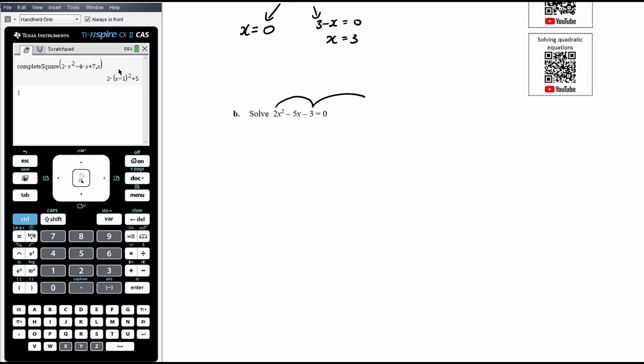So with this process, we're going to do the coefficient of x squared multiplied by the constant term, so that is 2 times negative 3, which is negative 6. And we're then looking for factors of negative 6 that add up to negative 5, so they are going to be negative 6 and positive 1.